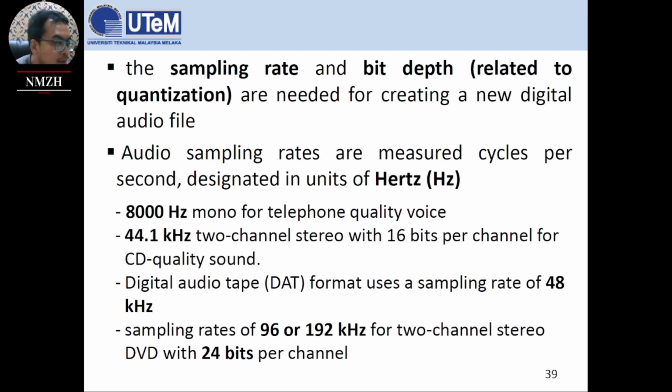Okay, so two channels for stereo, left and right, with 16 bits per channel. So two channels, 32 bits. Then we talk about audio tape at 48 kilohertz sampling rate, and 96 to 192 kilohertz for DVD, with 20 bits per channel. So it is quite big for DVD. Okay.